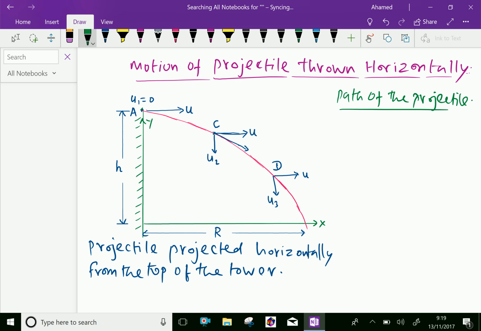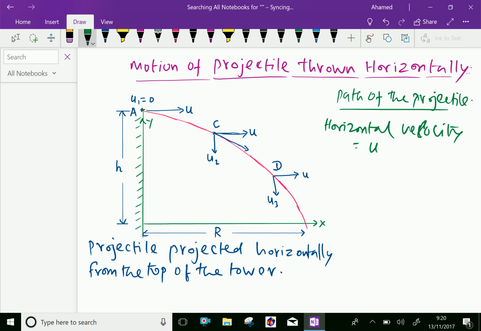The horizontal velocity is the same as its initial velocity, equal to u. The horizontal velocity is u at A also.